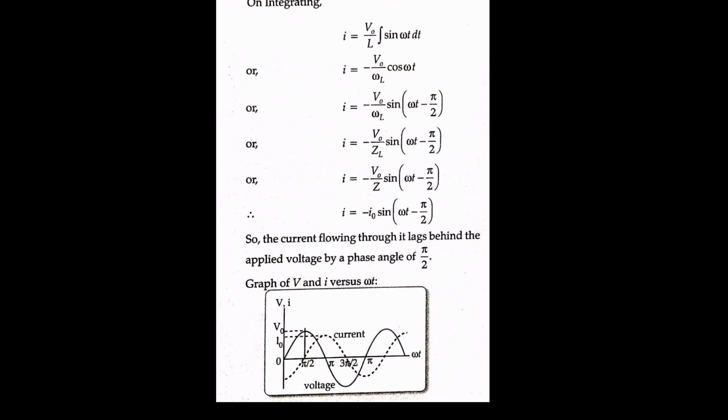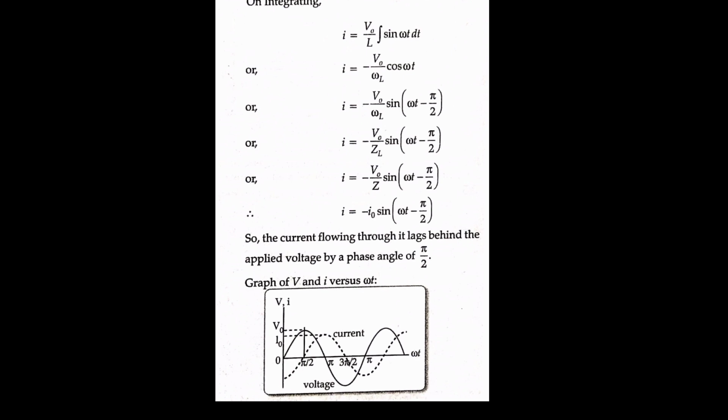We have to integrate the equation, that is I will be equal to V0 by L into integral sin omega t dt, that is I is equal to minus V0 by omega L into cos omega t, because integral sin omega t means that is minus cos omega t divided by omega, right?